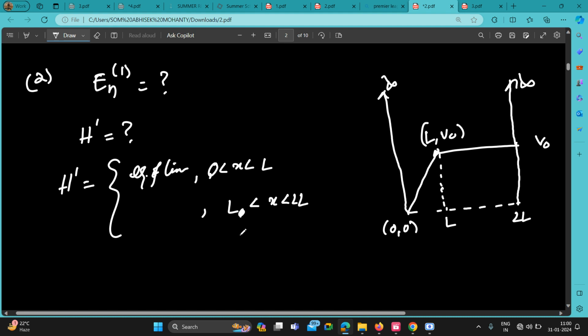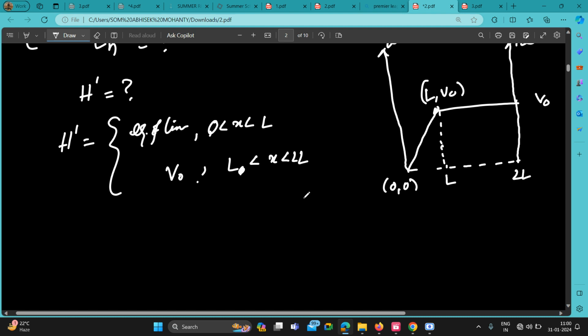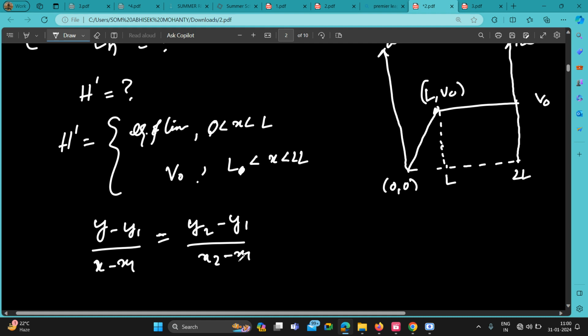L to 2L. And this is your what? X is how much? No, not X here. Y. Y is how much? V. Okay. So if you see equation, this equation of line will be (y minus y1) by (x minus x1) is equal to (y2 minus y1) divided by (x2 minus x1).